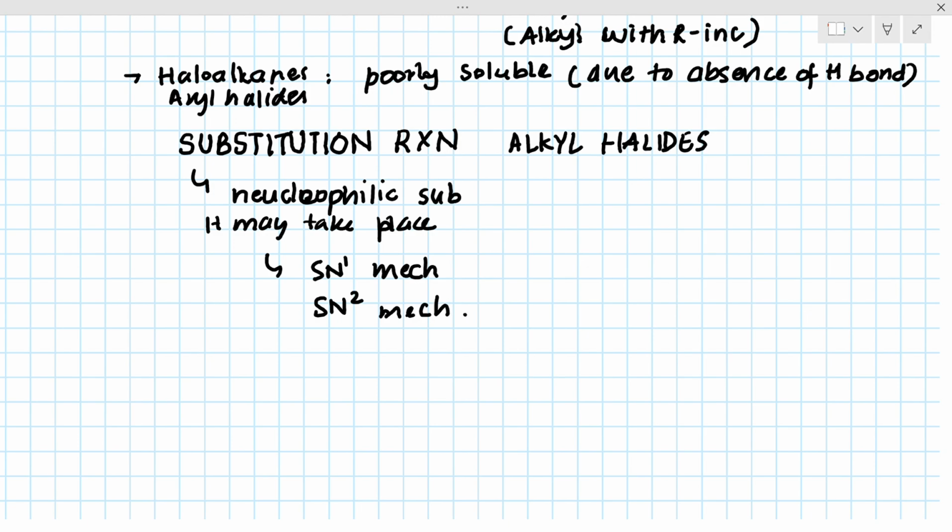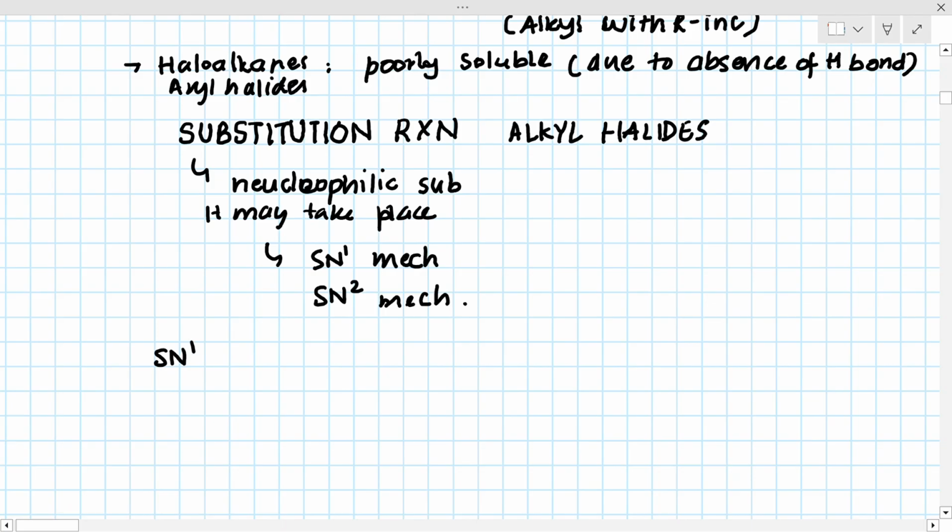Now we will study the SN1 mechanism first. How does the SN1 mechanism take place? There are three steps involved in the SN1 mechanism.